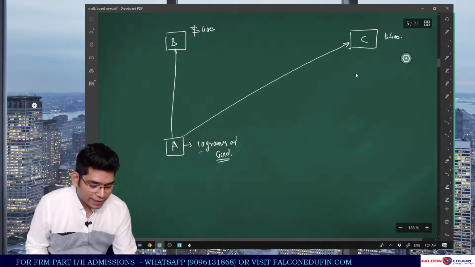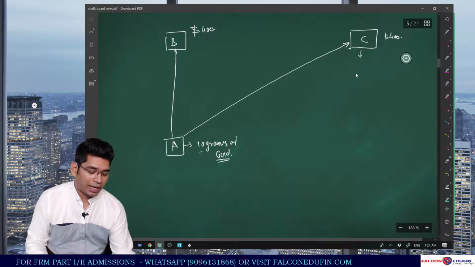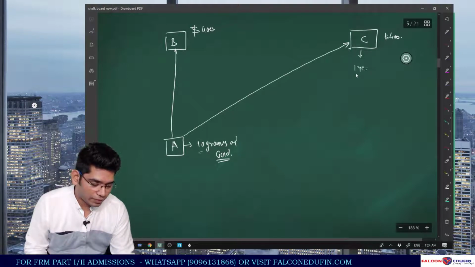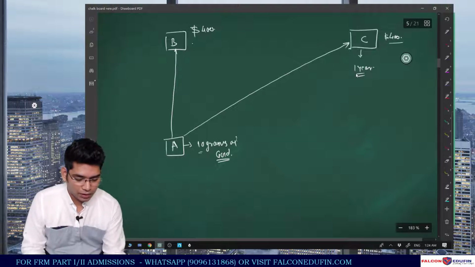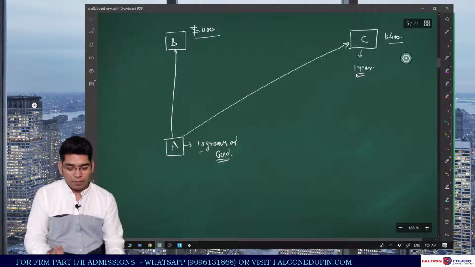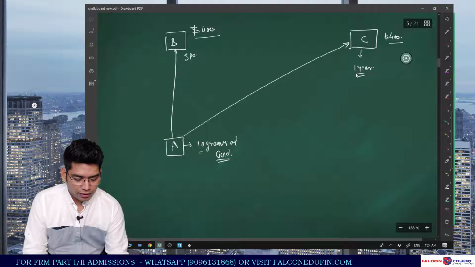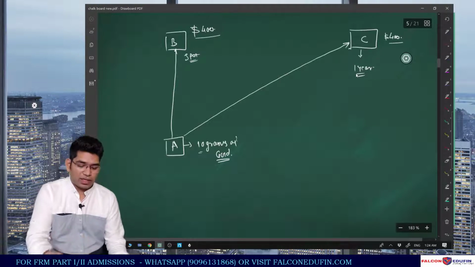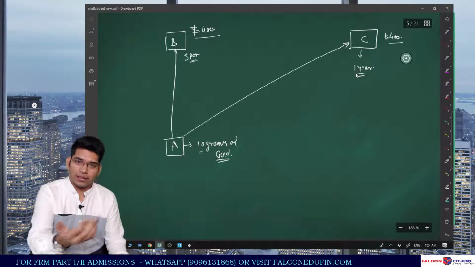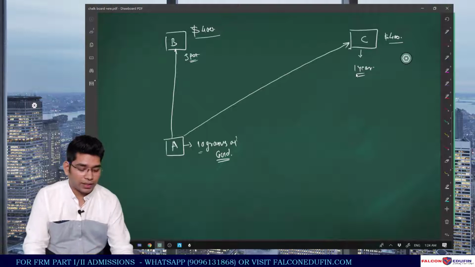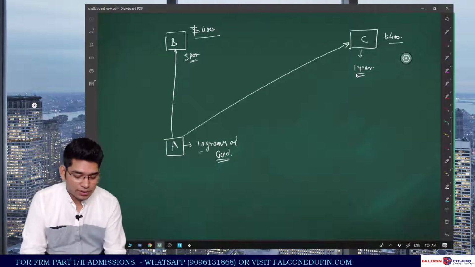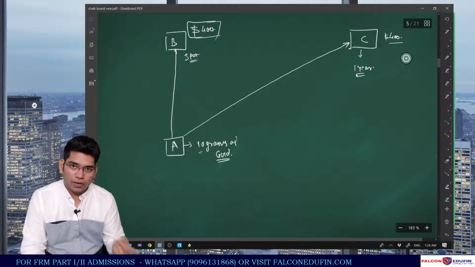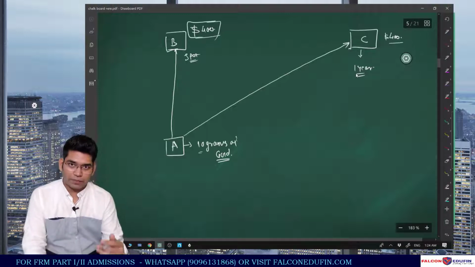But C's condition is that he is going to buy at the end of 1 year, meaning he is asking for a forward sale but at the same rate. Now we all know that this is not going to happen. If one person is asking for a good at the spot rate and another is asking at the same rate in forward, that is at the end of 1 year, it is feasible for A to sell it to B, right?